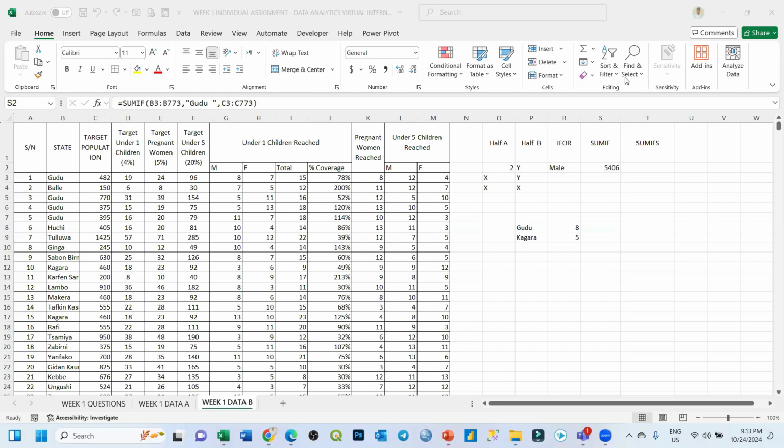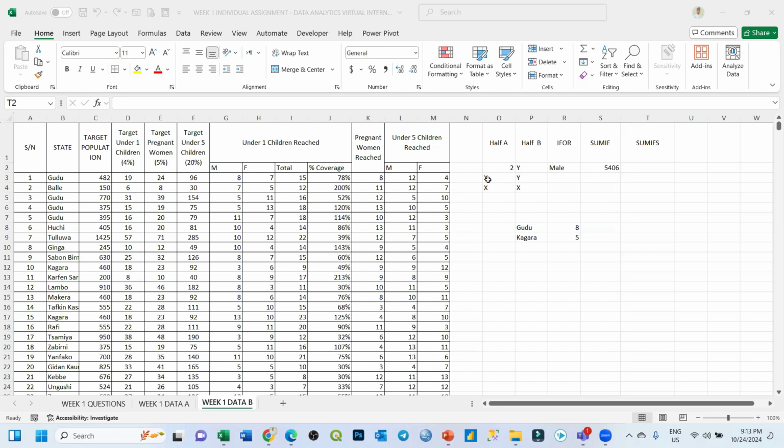Okay, so the second thing that we are going to talk about is SUMIFS. For SUMIFS, we are summing based on two or more criteria. Now we only used one criteria, which is Gudu, to sum that. So now, let's say we have an additional criteria.